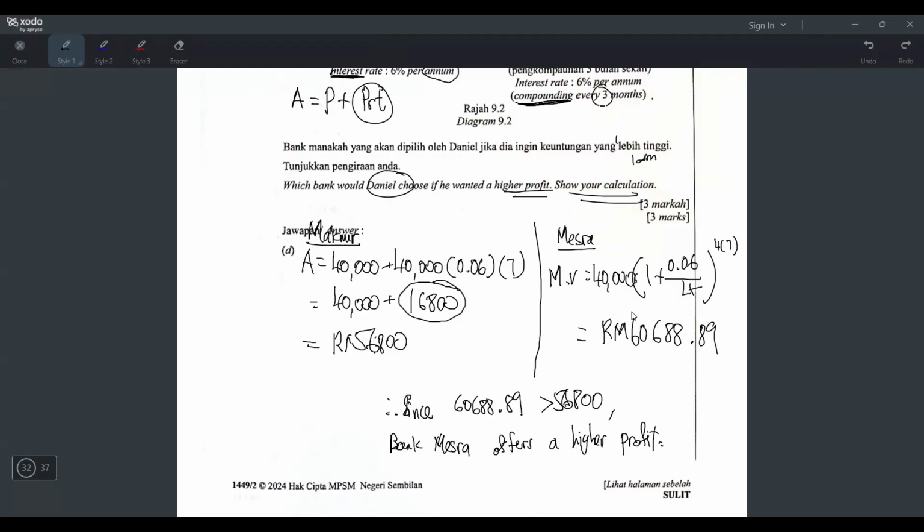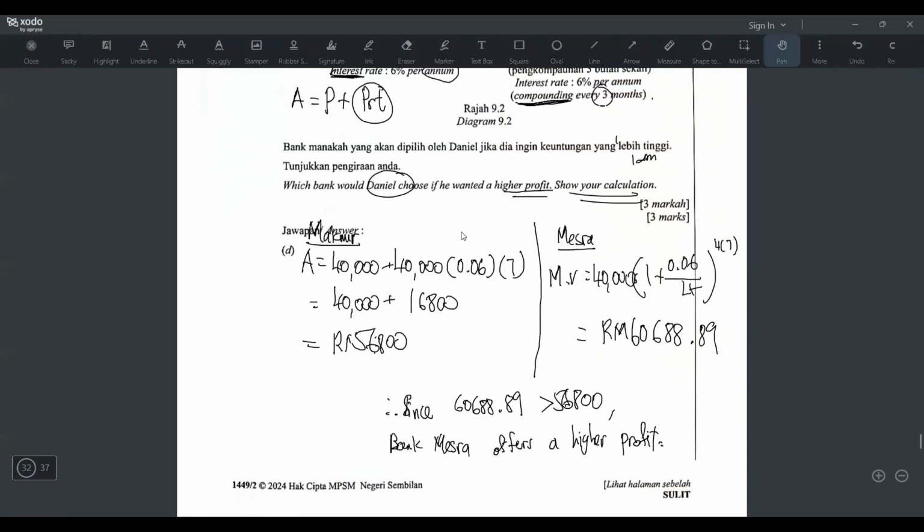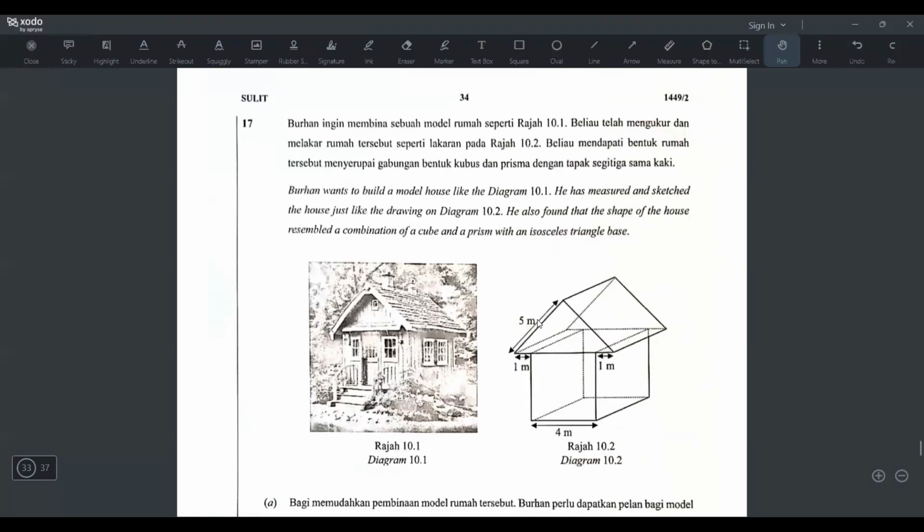Okay, it's the same, because when you minus this, you will also get that Mesra is higher. You can compare the matured value, or you can also compare the interest, the profit. You get the same answer. So I will just stick to my working here, and that's all. Hope you understand.